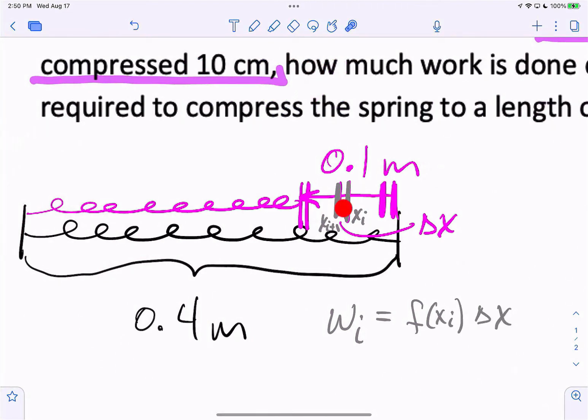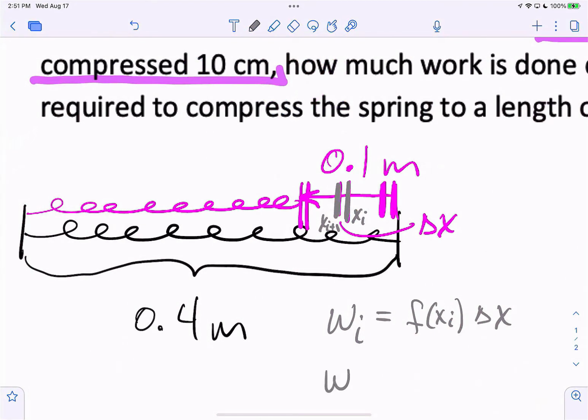If this is a small enough interval, then we can think about the force being kind of constant over that interval.